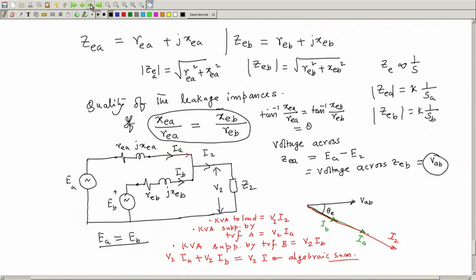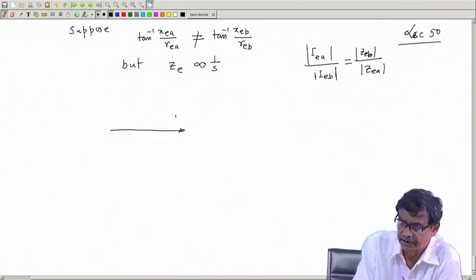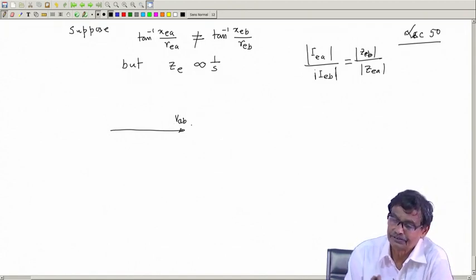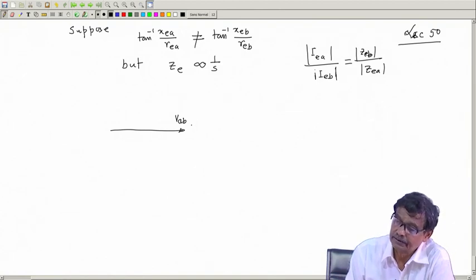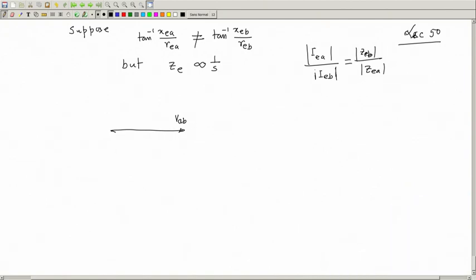So, let us draw this phasor diagram once again. Suppose this is VAB, which I have already defined, which will be small. I am drawing it very large just to understand. Now, I am telling these two angles are not the same. So, you draw IEA, sorry, you draw IEB.